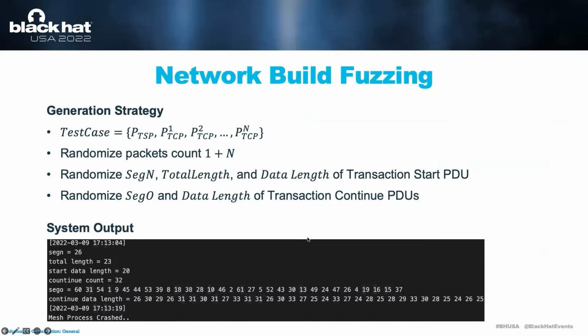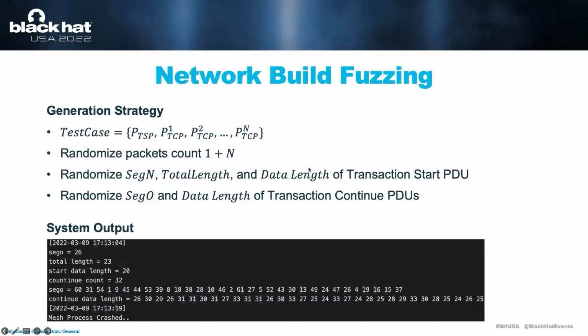Now we have established a fuzzing framework, so the last work to do is to define how to generate the test case. A test case is composed of one transaction start PDU and n transaction continue PDUs.